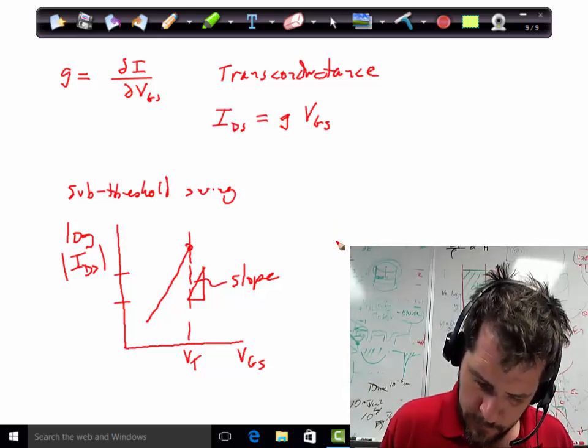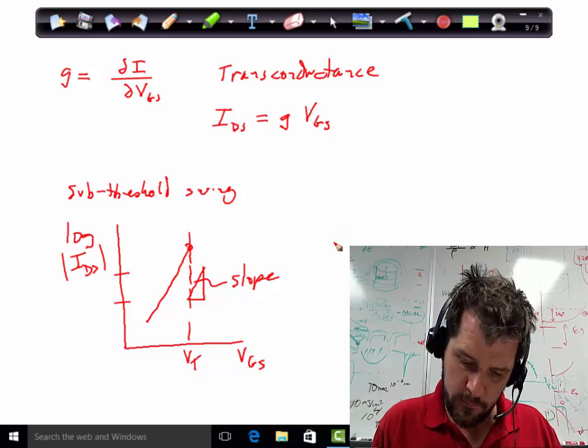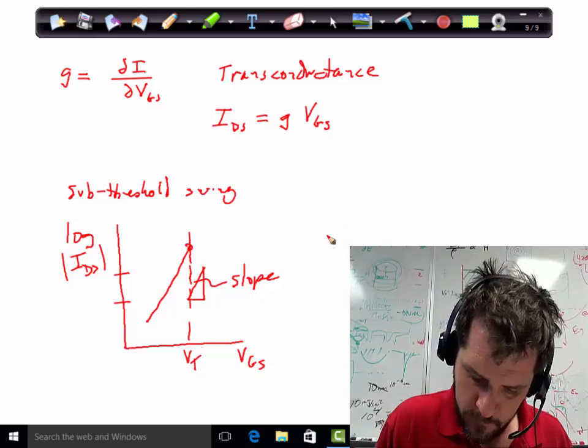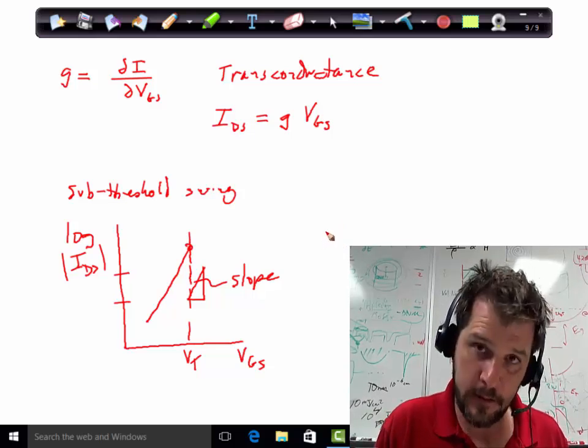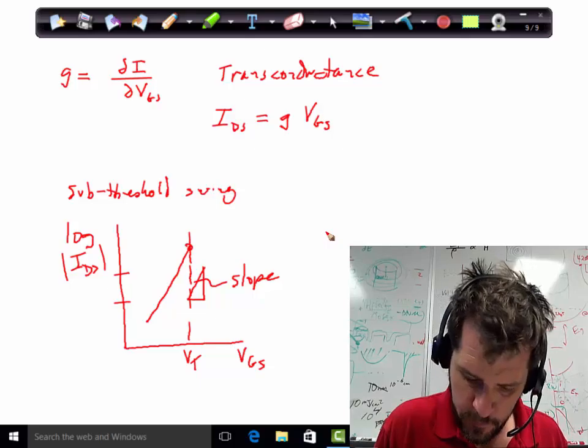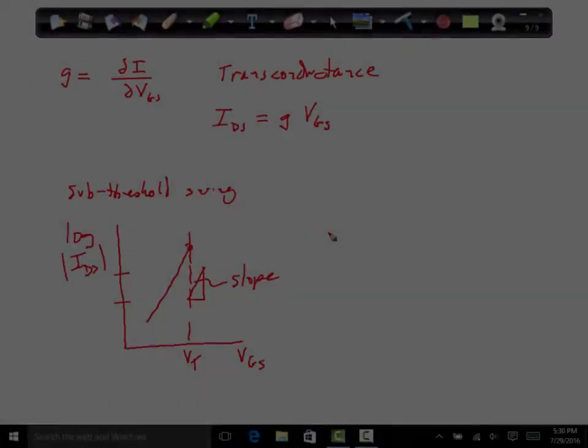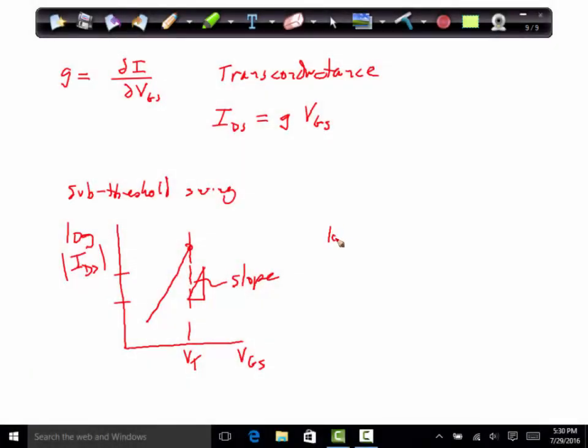And it turns out that the theoretical smallest number you can hit is about 60 millivolts needed to move 1 decade. That comes from the natural logarithm of 10, which converts you between ln and log base 10, and then times the thermal voltage.